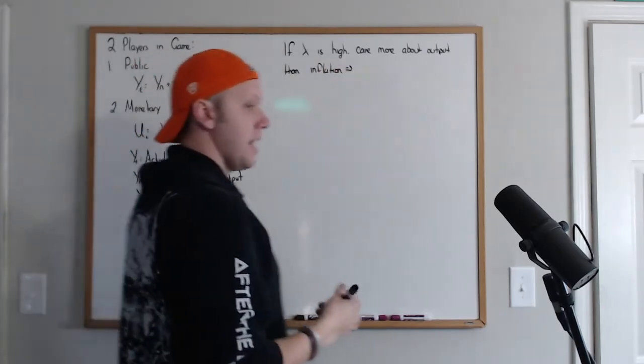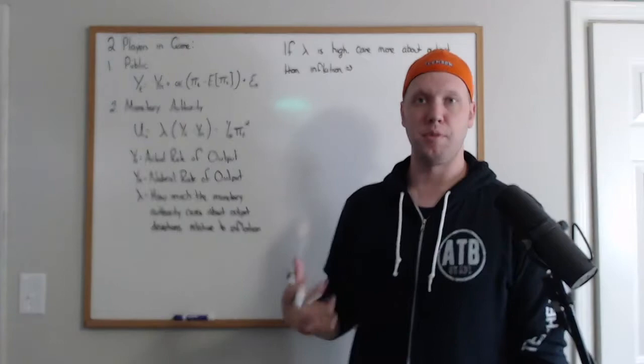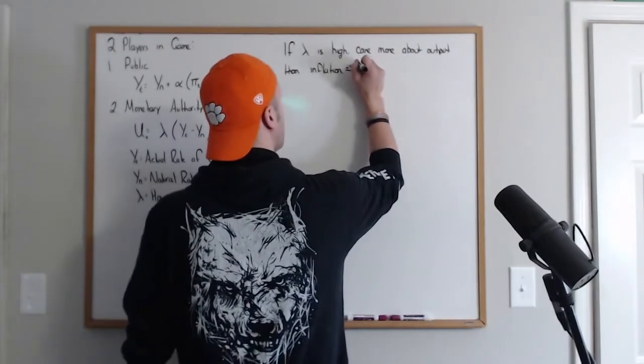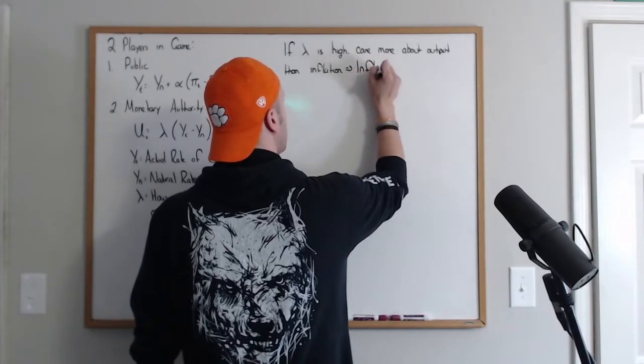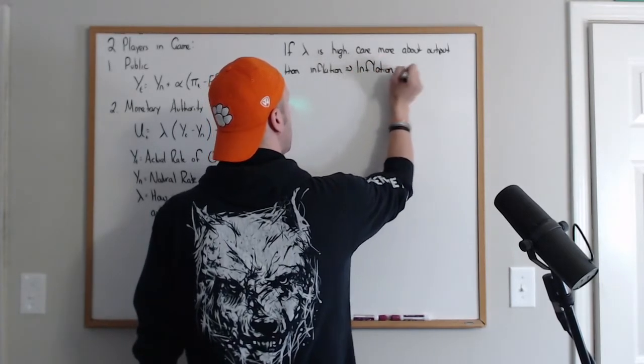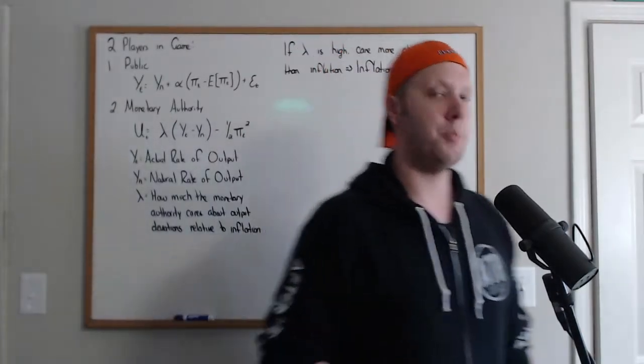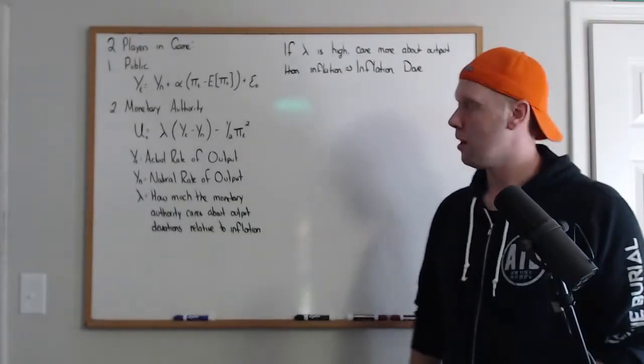So if lambda is high and they care more about output than about stabilizing inflation, this is what's known as an inflation dove. They are dovish when it comes to policies regarding inflation.